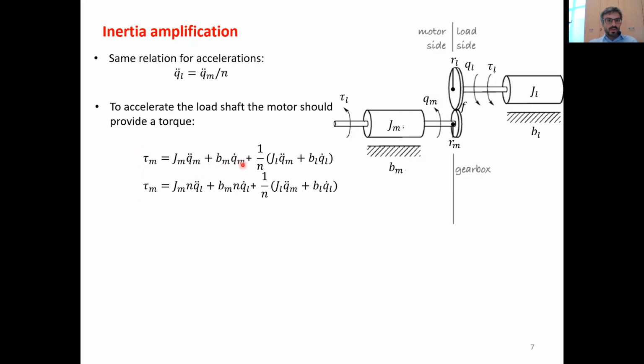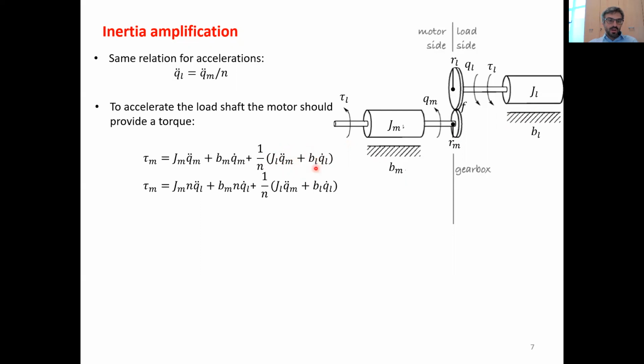You have the friction on the motor's side, and we have the acceleration of the, sorry, this is load, q double dot L times the inertia of the load plus the friction forces to move the load that are at the load side.